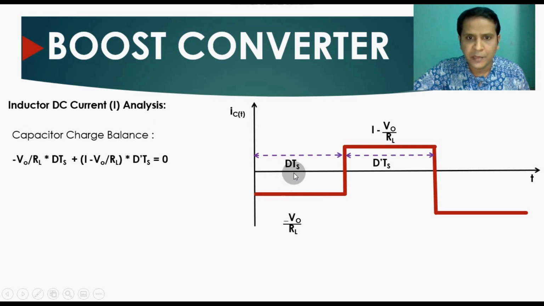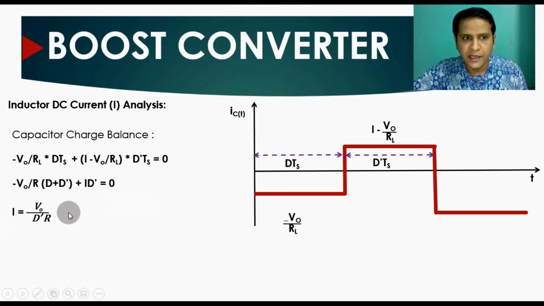So if you apply the capacitor charge balance, that means minus VO divided by RL into your time period DTs, plus I minus VO divided by RL into D prime times Ts. If you further solve this, it will come minus VO divided by RL into D plus D prime, plus I D prime. If you further solve, the inductor DC current I is given by VO divided by D prime times RL.